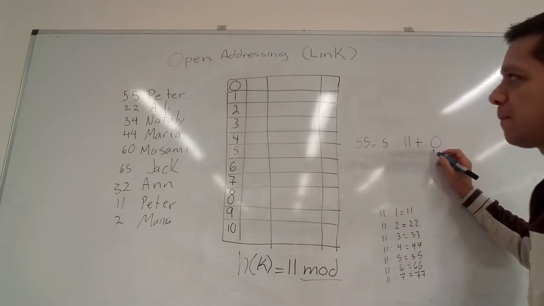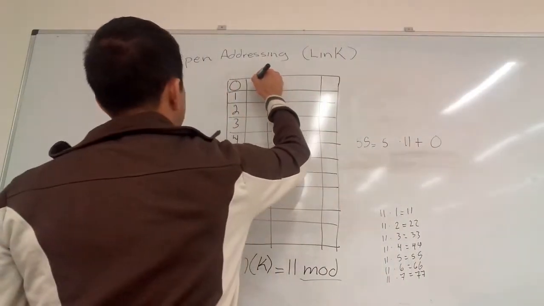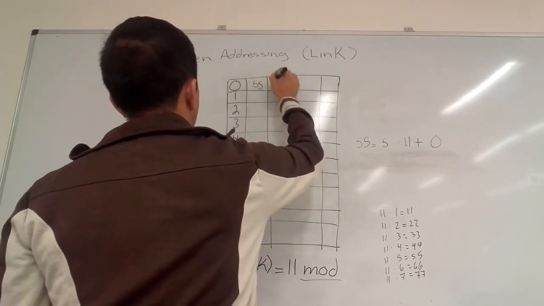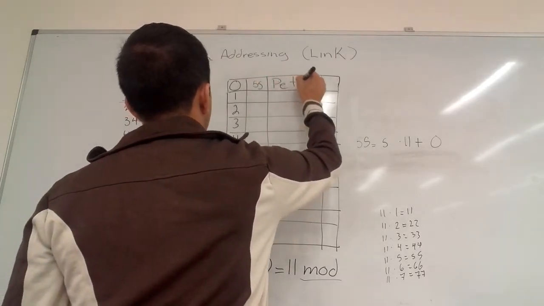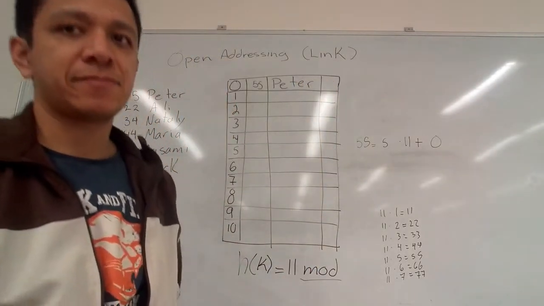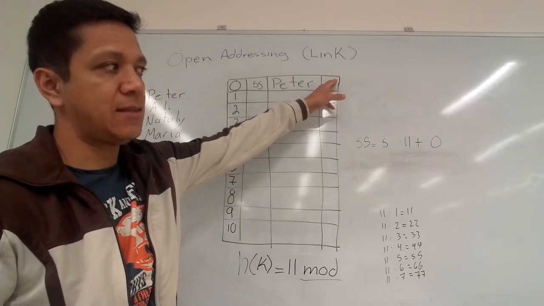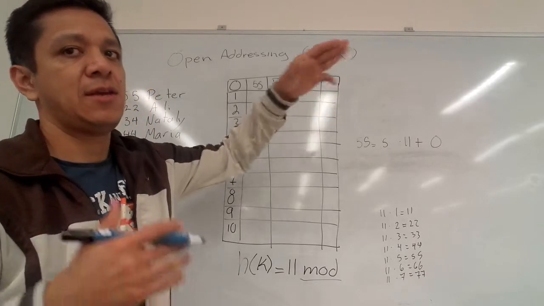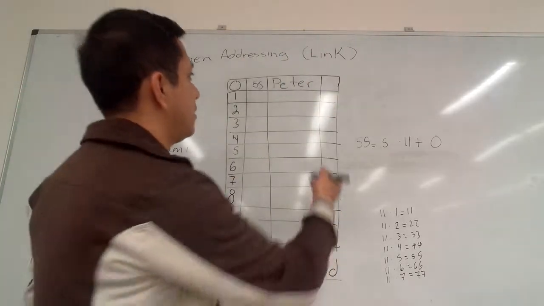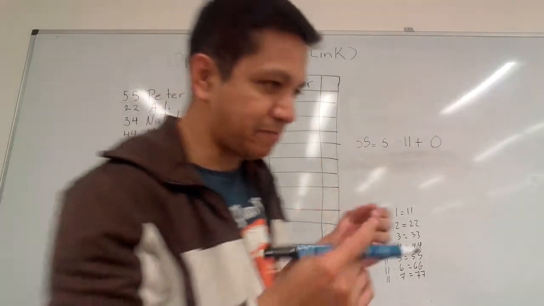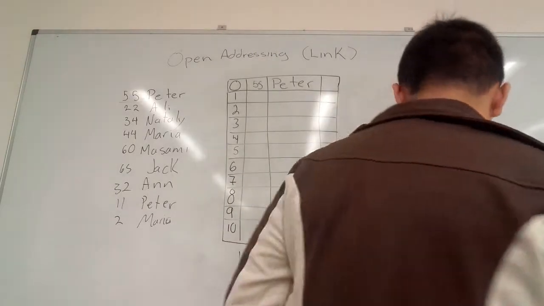So that means Peter is going to be in this section, which is 55 and corresponds to Peter. At the moment, we don't link, because it's supposed to get the 0. Just wait for the linking, and you will see how it works.